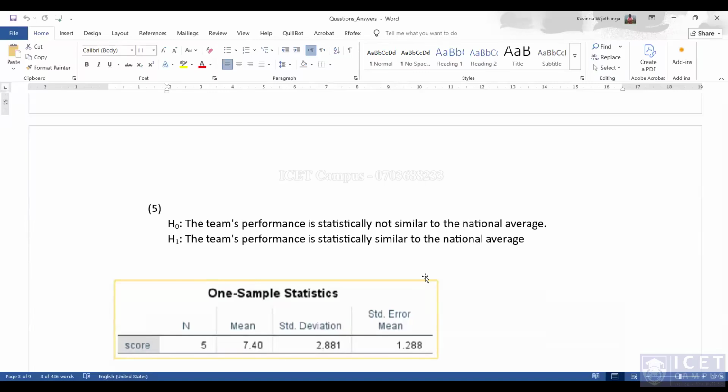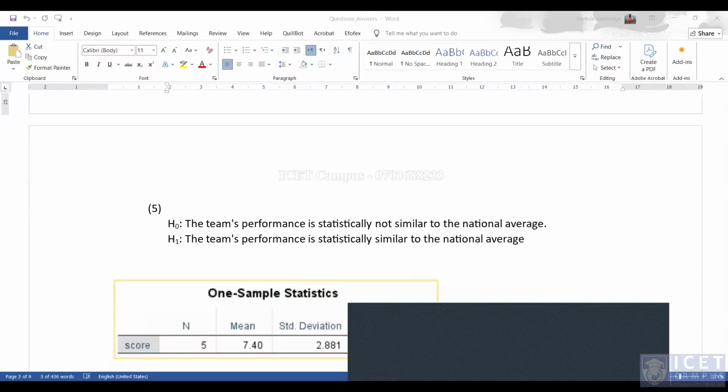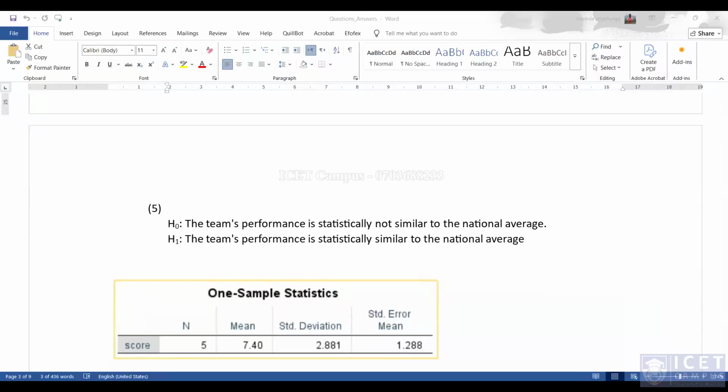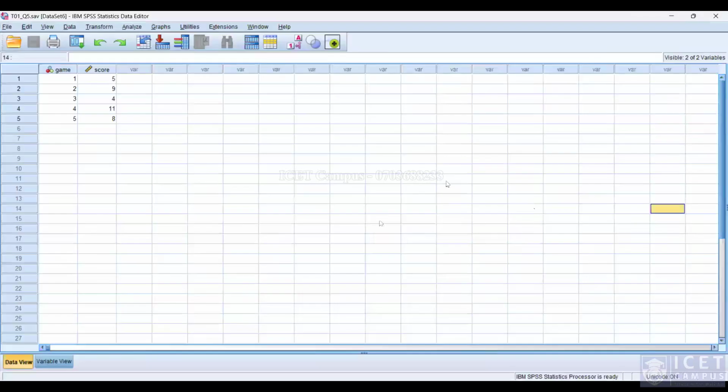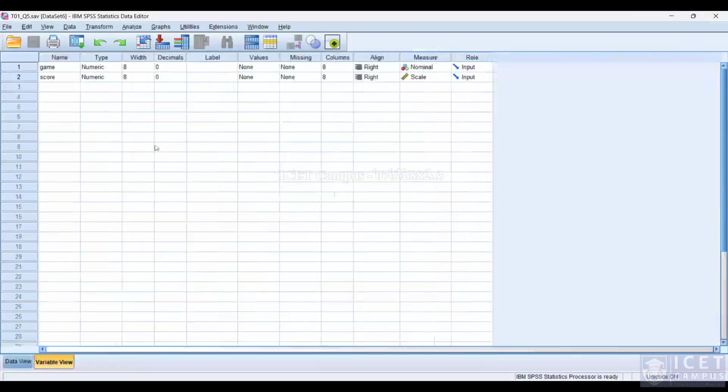Then we can take the output. We need to enter the data, game and score.